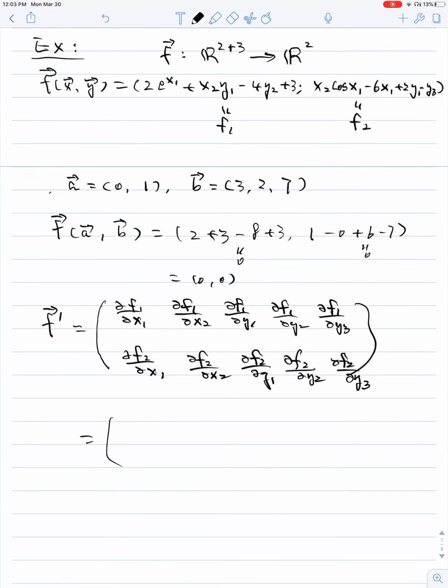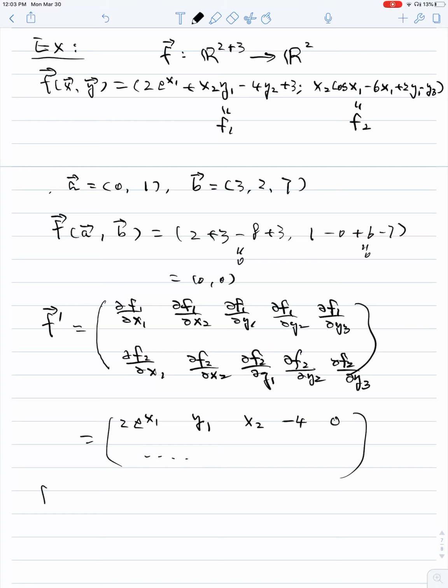Let's just calculate some of the terms. This is simple to compute. df1/dx1 is 2e^{x1}, and df1/dx2 is 0, and df1/dy1 would give us x2, df1/dy2 would give us -4, df1/dy3 would give us 0. Okay, so you can find the other terms as well.